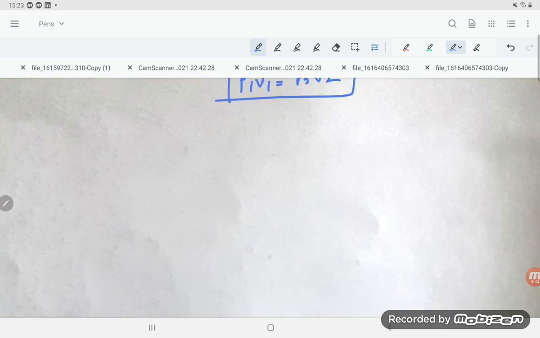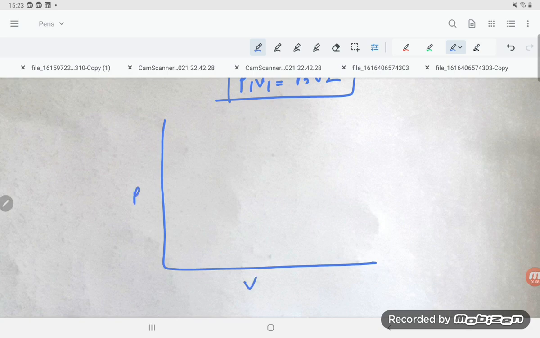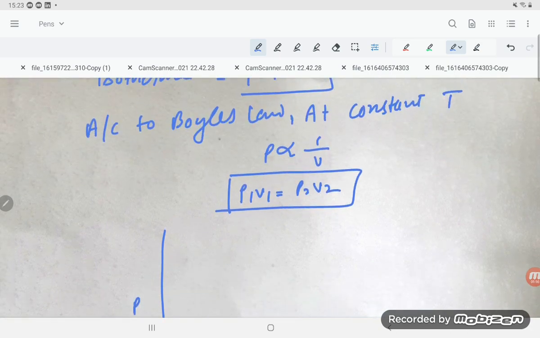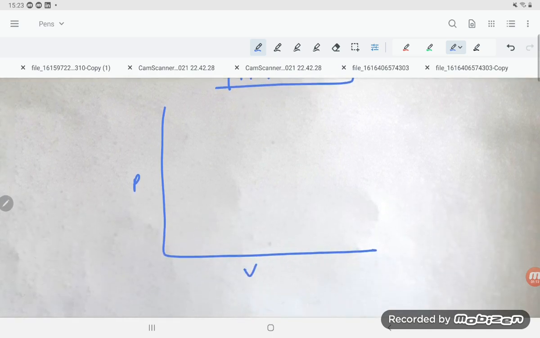When you draw the graph between P and V, since it is inversely proportional, one is increasing while the other is decreasing, so the curve comes like this. This is the PV curve.